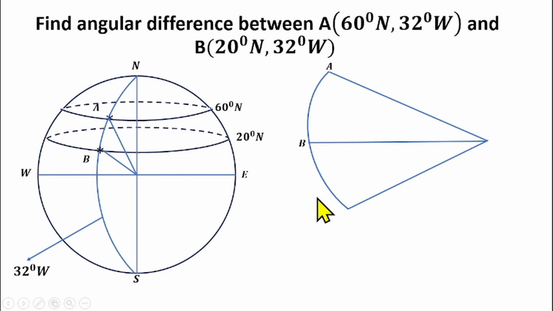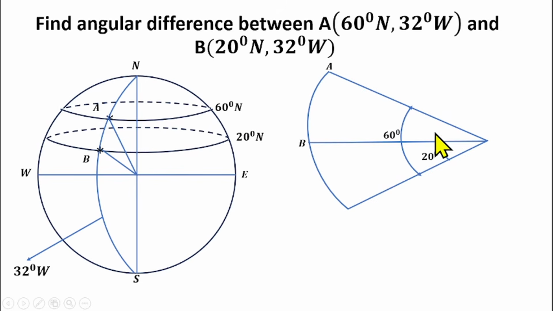Then how do we get that? From the origin, this line here, to point B, the angle there is 20 degrees also. Then from the origin to point A, the angle there is 60 degrees, which is this latitude, 60 degrees.